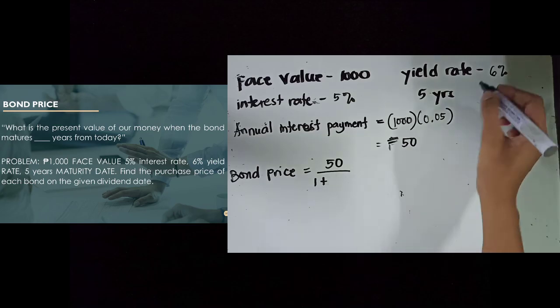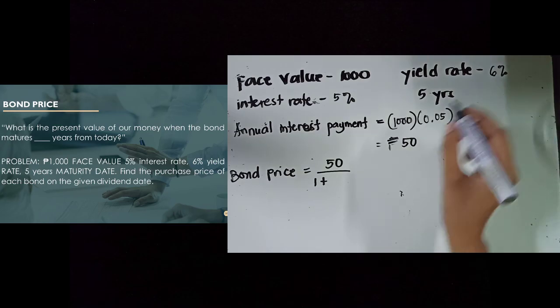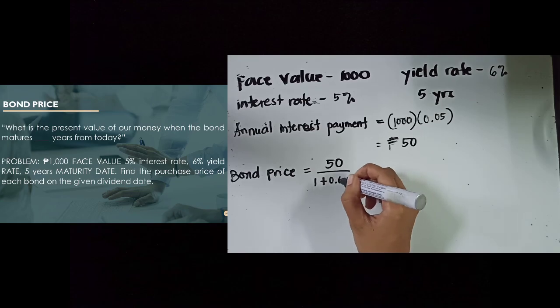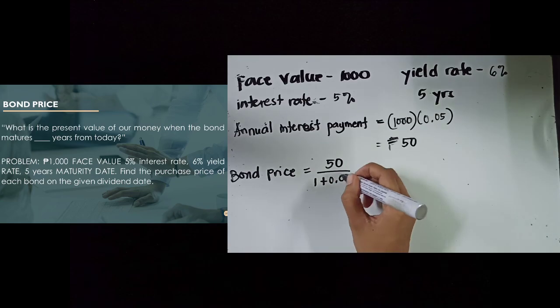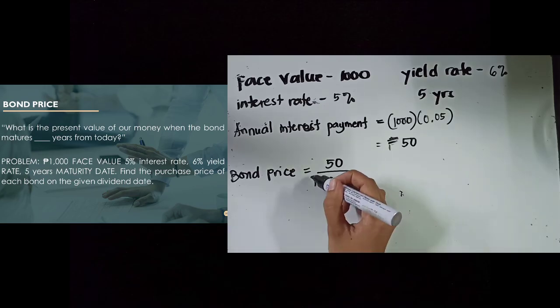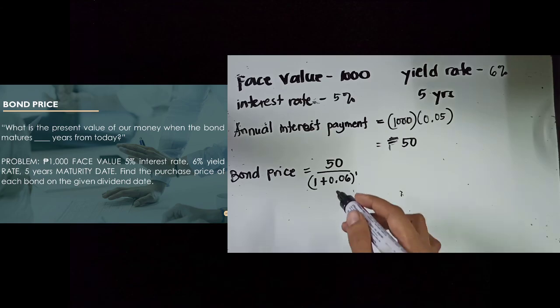So, 1 plus the yield rate, which is 6% or 0.06, then raised to 1. So, this is for the first year.